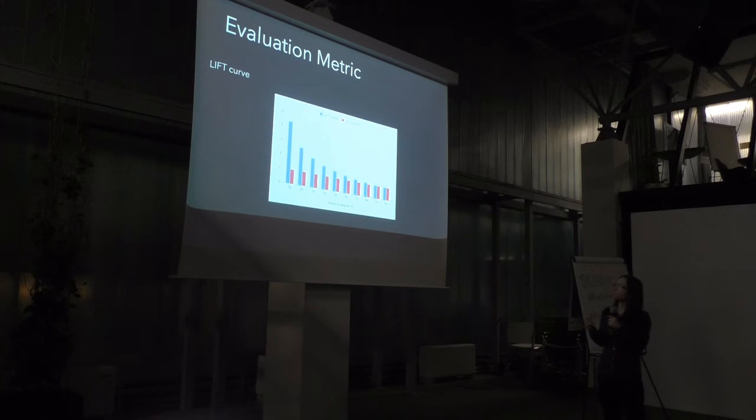We can use this metric to say that if I target my campaign on only the 10% most affine part of the population, I am 4 times more likely to hit my target. Or in this case, if I target my campaign on the top 30% of the population, then I am more than 2 times more likely to hit my target audience.